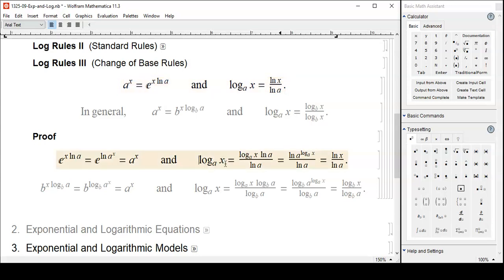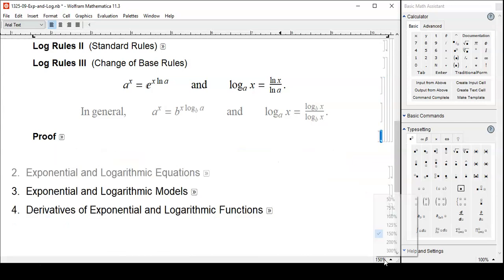Log base a of x is, from here I'm taking the log. Oh, that's too hard. Okay, never mind about the second part. From here, basically I'm taking the logarithm. That's how you get the second rule. No, that's too hard.